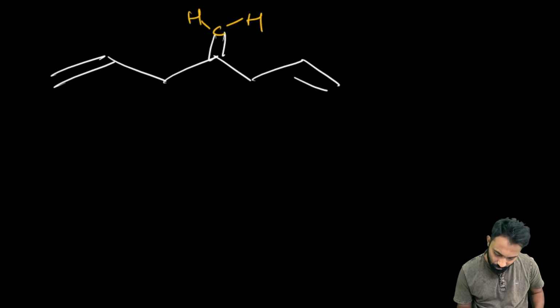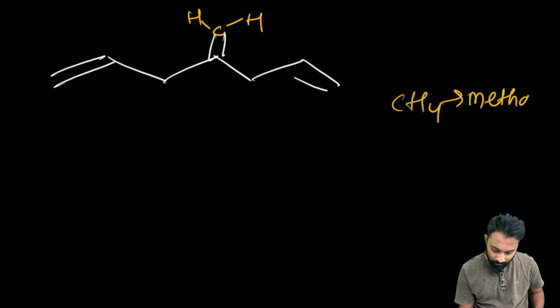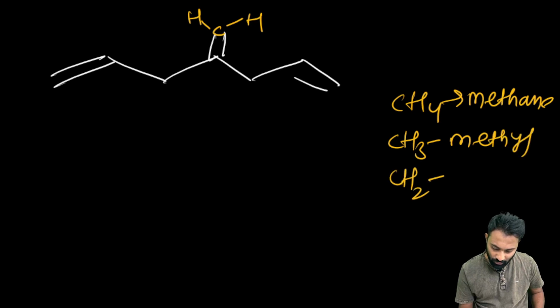Normally for one carbon, this is CH4, methane. If I remove one hydrogen, it becomes methyl. If I remove the 2 hydrogens, it becomes methylidene. Clear?